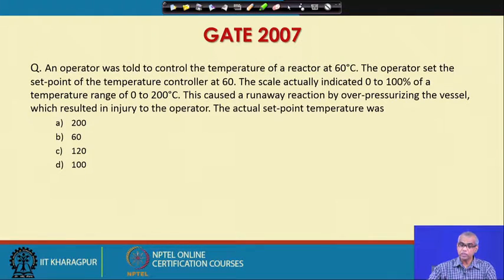The scale actually indicated 0 to 100% of a temperature range of 0 to 200 degrees Celsius. This caused a runaway reaction by overpressurizing the vessel, which resulted in injury to the operator. The actual set point temperature was 200, 60, 120 or 100.